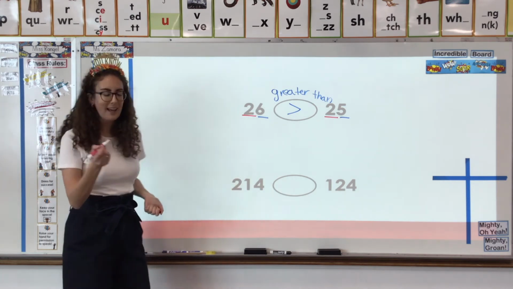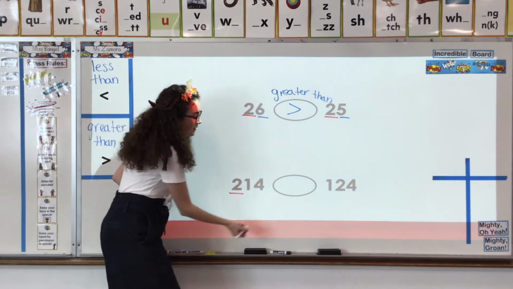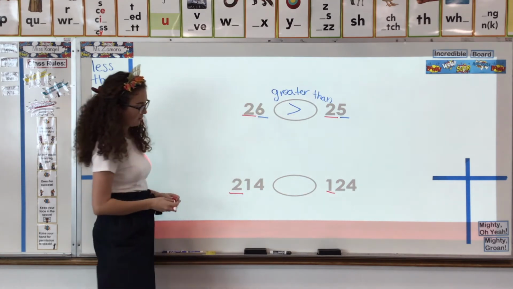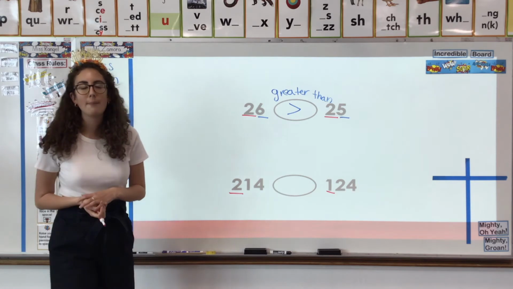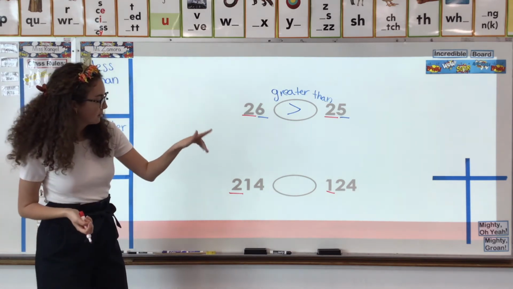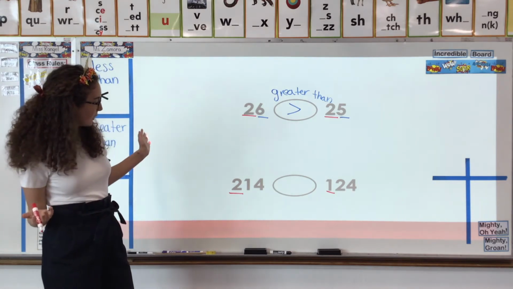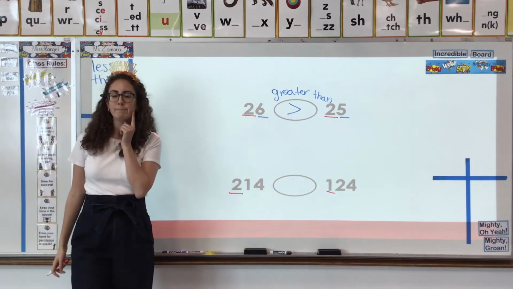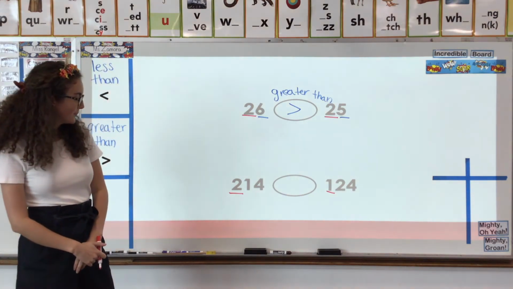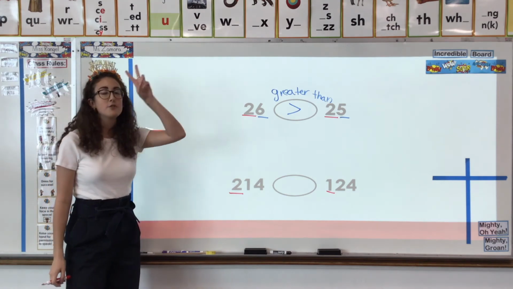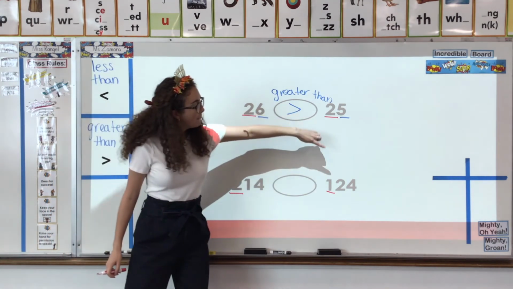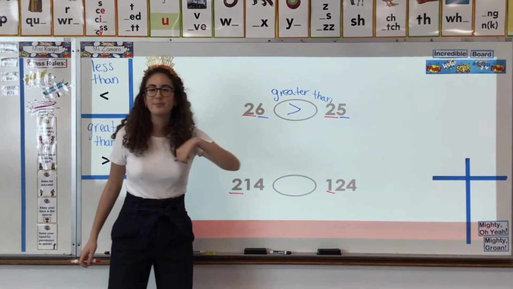Let's start by looking at the hundreds. So second grade, between these two numbers, what do you notice about the hundreds? Similar, different? In 214, there's two hundreds, but 124, there's 100.